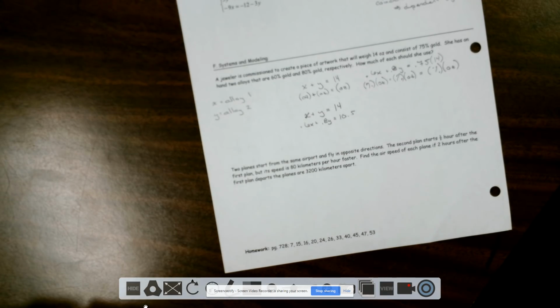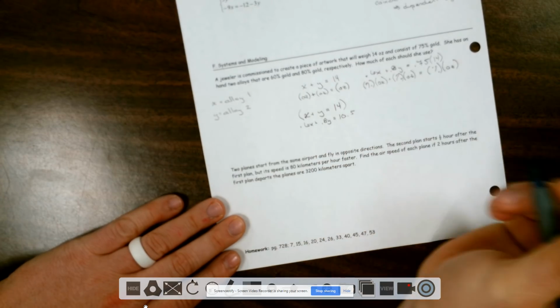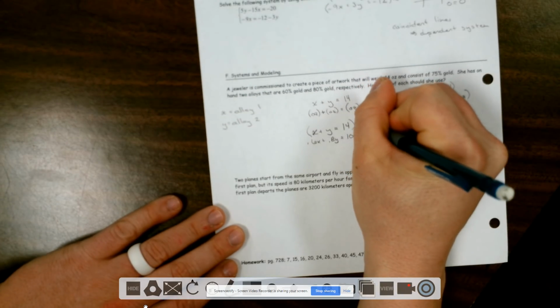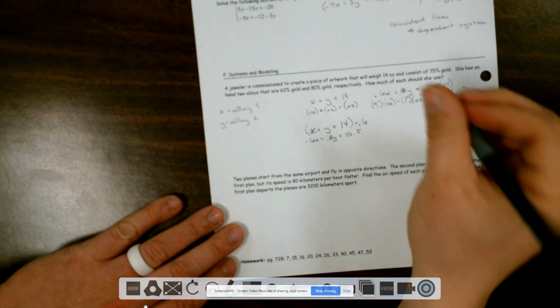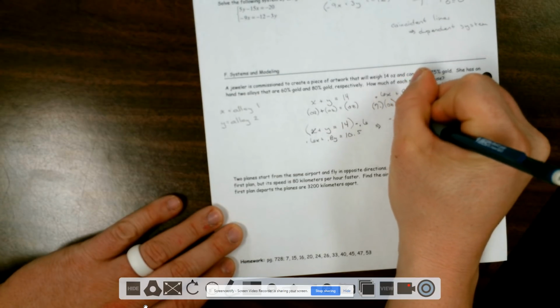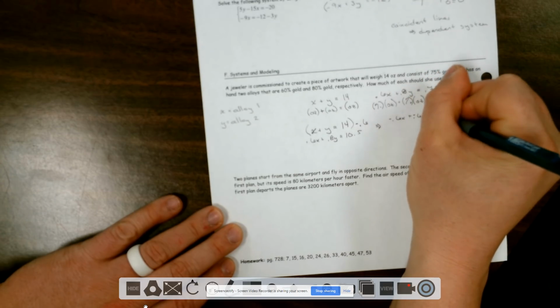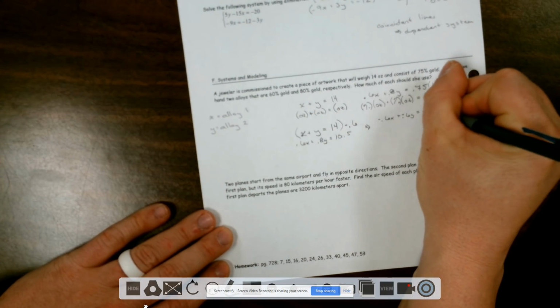What I'm going to do right now is use elimination. And I'm going to multiply my top line by negative 0.6 to make my x's disappear. So let's see what that gives us. It's going to give me negative 0.6x plus negative 0.6y is equal to 14 times 0.6, which is 8.4, so negative 8.4.